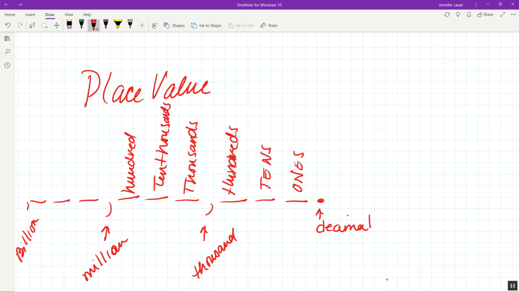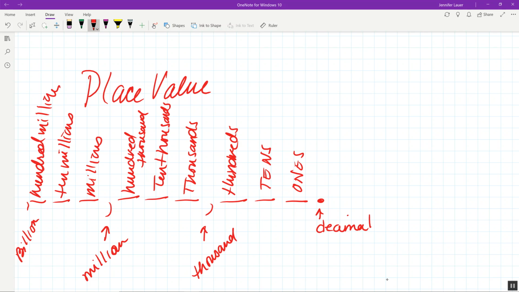Sorry about my writing, but you all should be used to it by now. I'm a terrible writer, artist, all that stuff. And then you hit your millions. And then your 10 millions. And you should hopefully see the pattern by now. And then you've got your 100 millions.